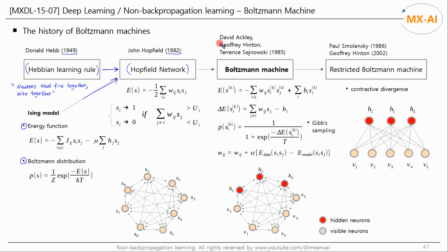In 1985, David Ackley, Geoffrey Hinton, and Terrence Sejnowski proposed the Boltzmann machine. Like the Hopfield network, this is also an energy-based neural network and is a generative model. A Boltzmann machine is structurally very similar to the Hopfield network, but there are some key differences.